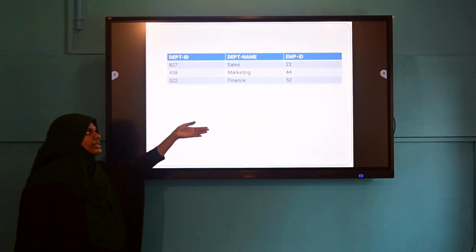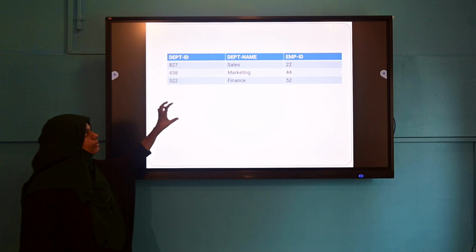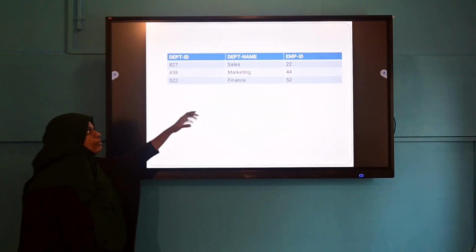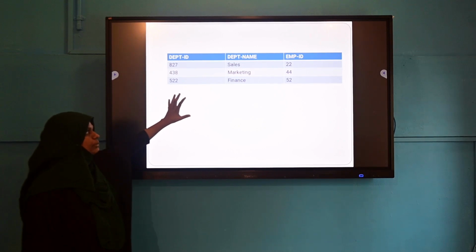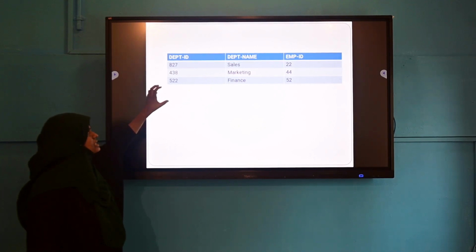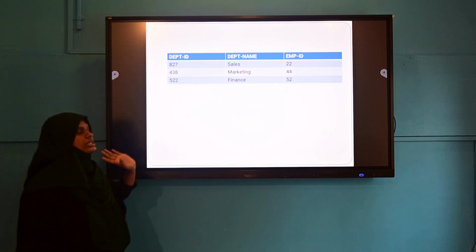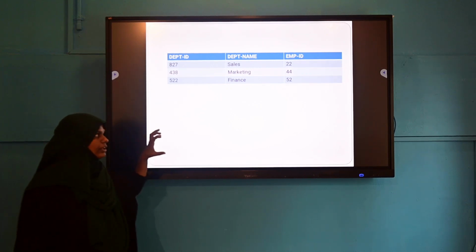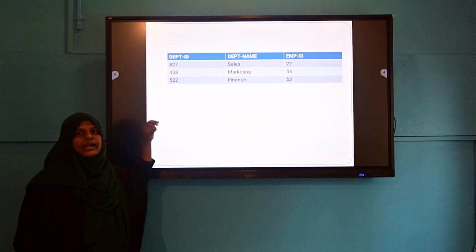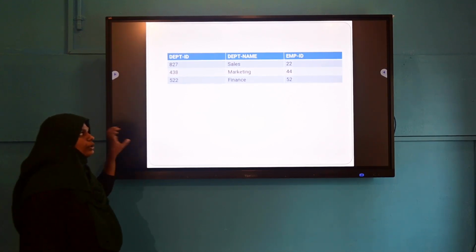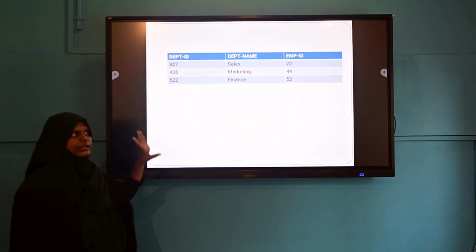When we look into this table, we may think that employee ID is unnecessary because this is the department table, which does not need the information of employee ID. But if we are not using employee ID, when we combine this department table and employee table, we will lose some information because we cannot map the correct employee to the correct department.